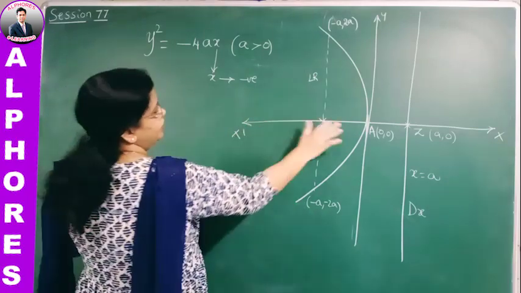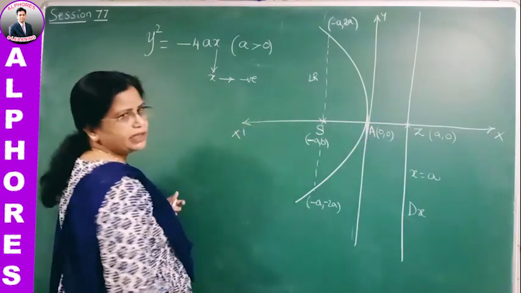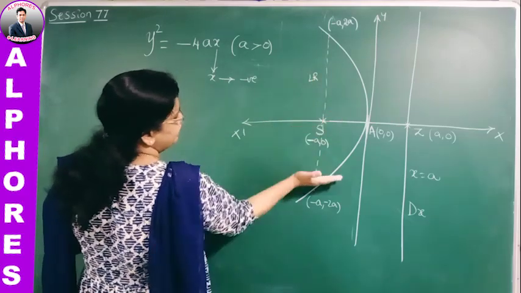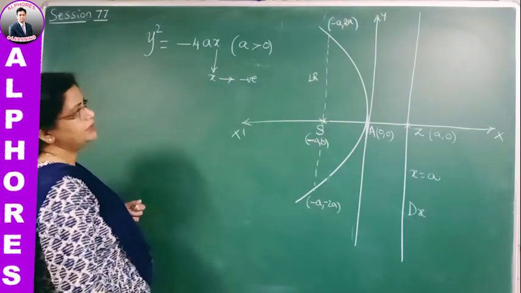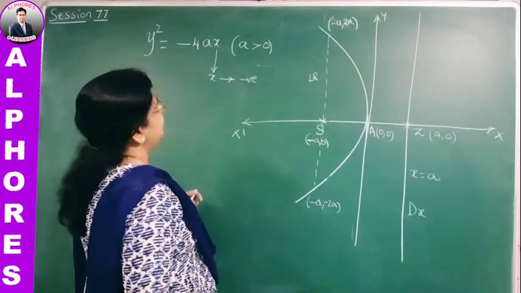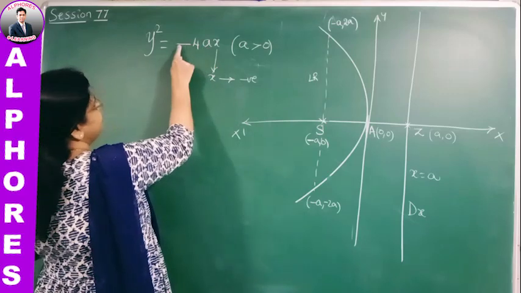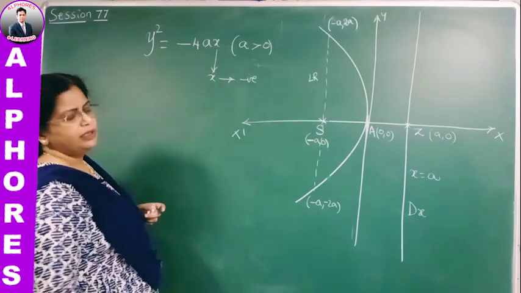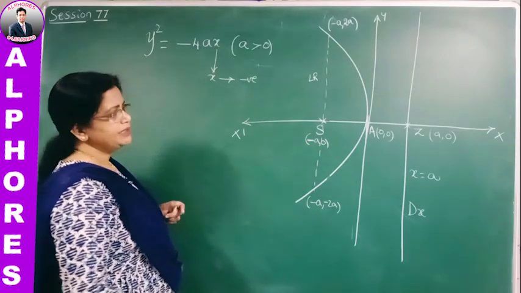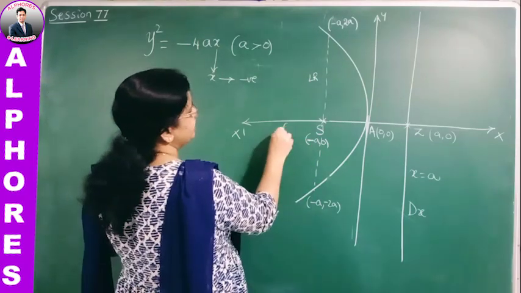So again it is symmetric about x axis. Whatever the portion of the curve above x axis, the same you can observe even below x axis also. So again, what about the different coordinates? And as a you are representing, just only the minus symbol is there, that implies focus is nothing but minus a comma 0. This is our focus coordinates.